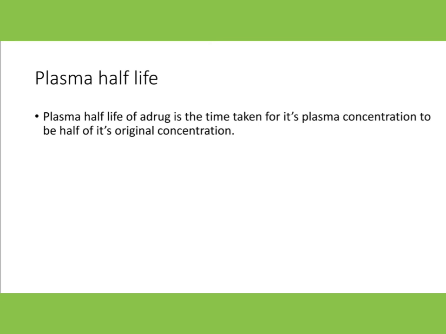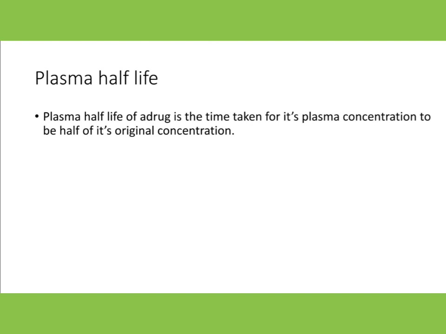So suppose you are instructed to take a drug 3 times a day with a 4 hour gap, or 2 hour gap, and you are not following that instruction. You take one tablet in the morning, and after 6 hours you take another tablet. In between that period the plasma half-life is working, so the amount or concentration of the drug in the body is reduced.